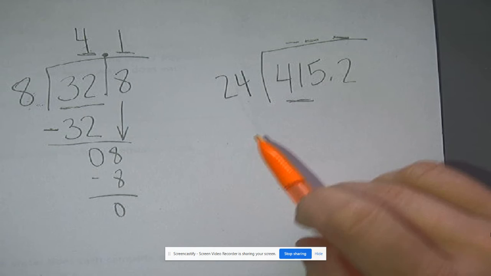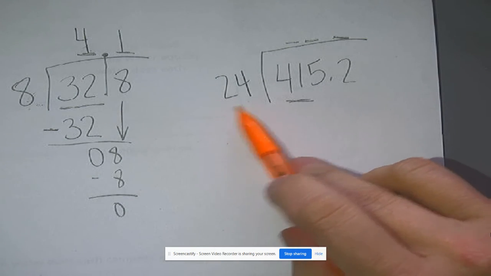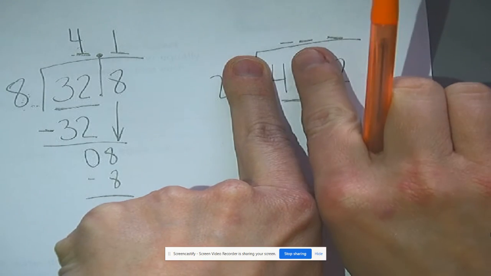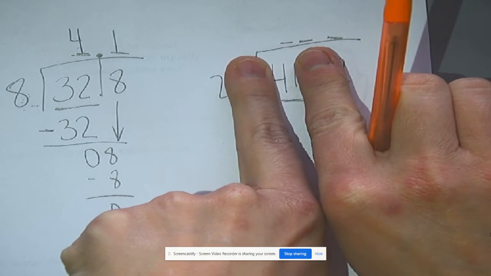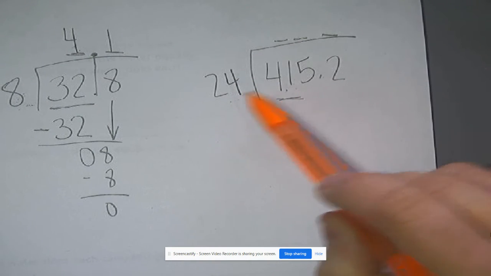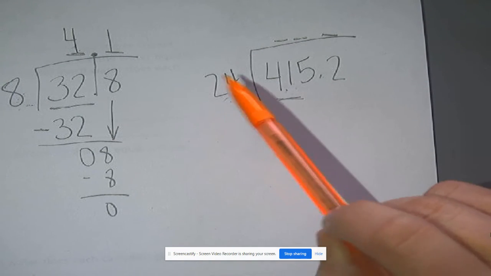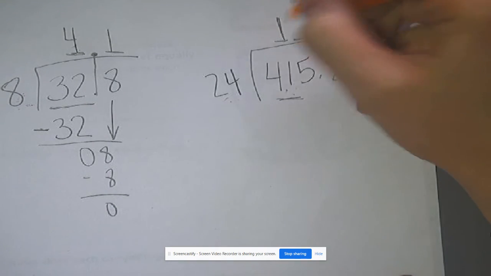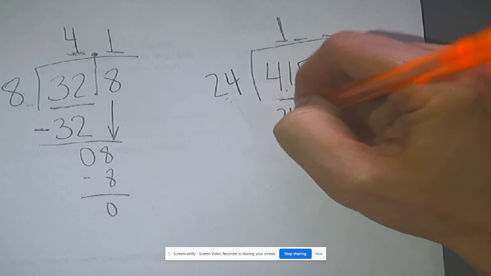Now remember when we're dividing by a large number, if you just cover up, so about 41 divided by 24, the double is 48, so I know we can't even do 2, so I know it's going to be 1. So 1 times 24 is 24.